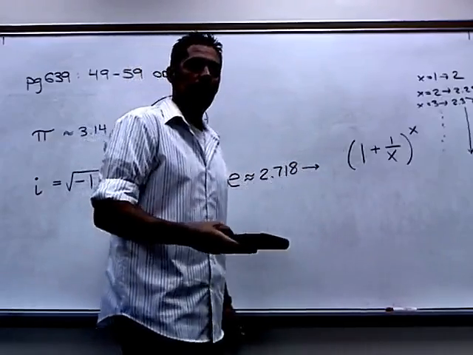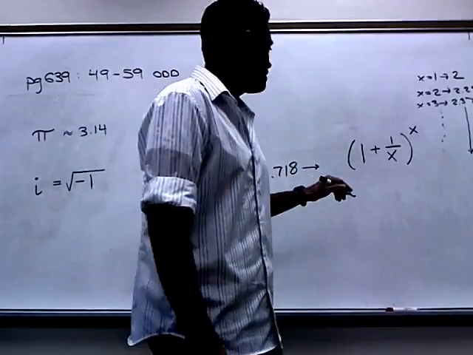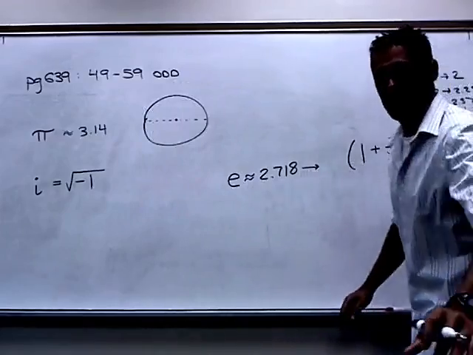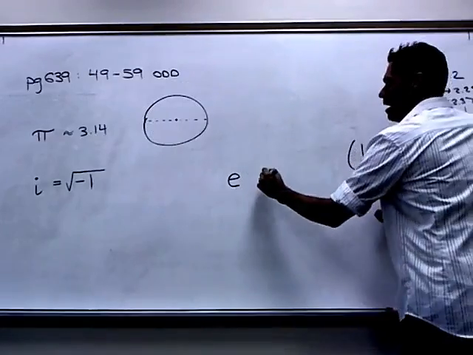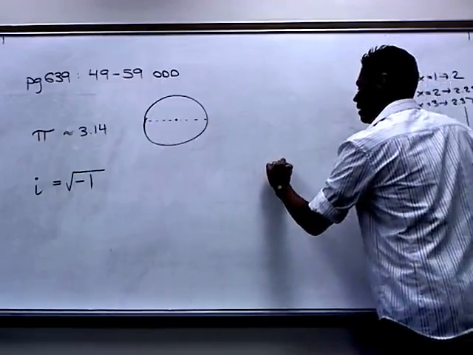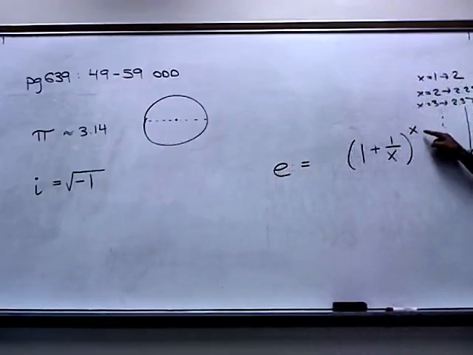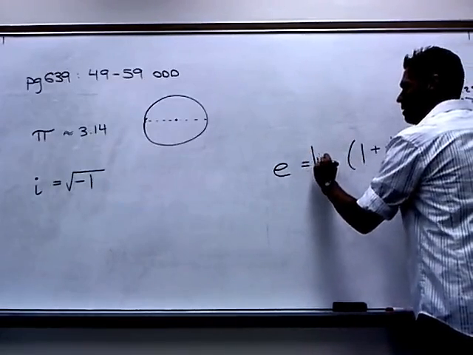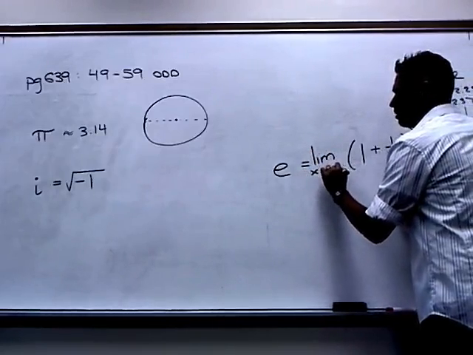So what number actually equals that? Something with a decimal. Well, what we say in math is that if I want this to go forever, I define e. I wouldn't use the squiggly equals, which means approximate. I say e equals what happens when I let x get huge. So the way we write that mathematically is this: lim, which means the limit, and underneath it, x goes to infinity.